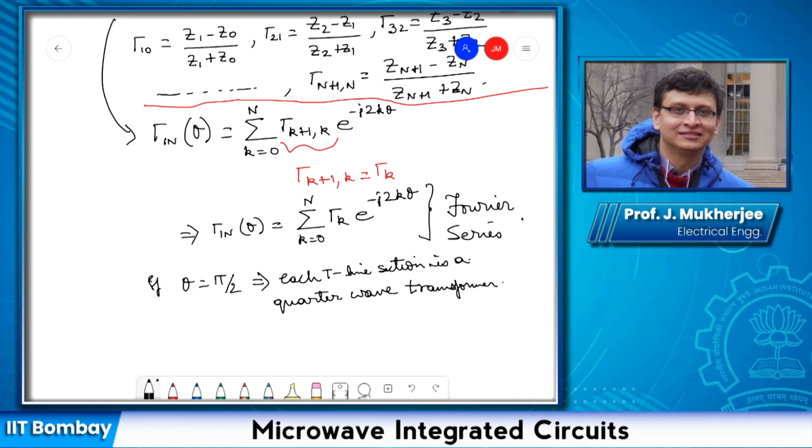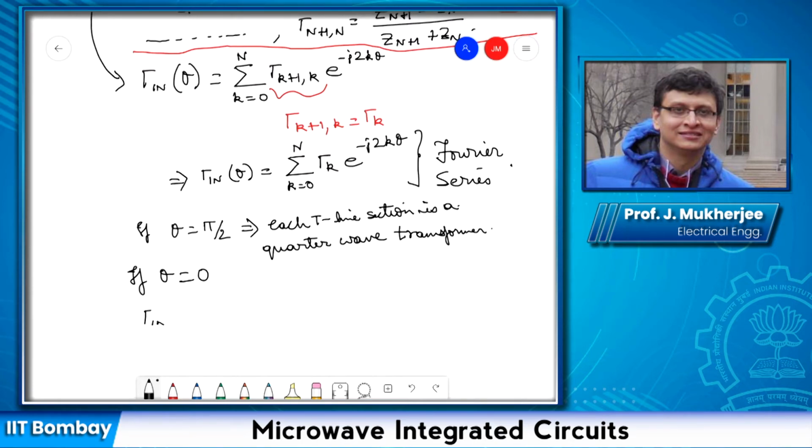If, on the other hand, theta is equal to 0, then my gamma in at theta equal to 0, as obtained from this equation, should be equal to simply gamma k, that is the simple summation of the mismatch coefficients.